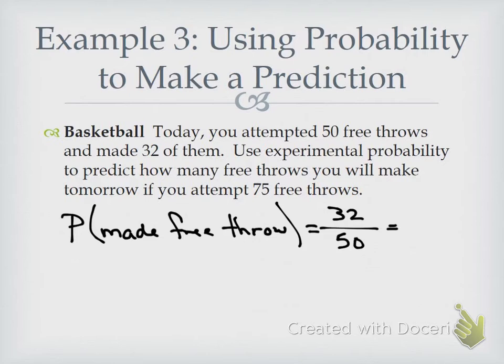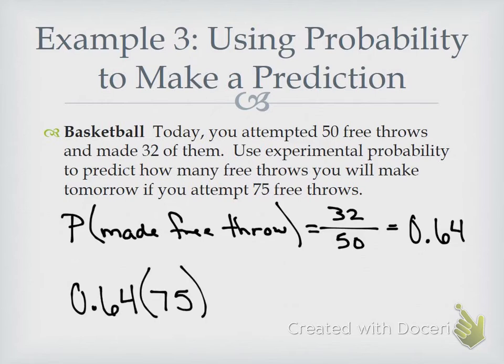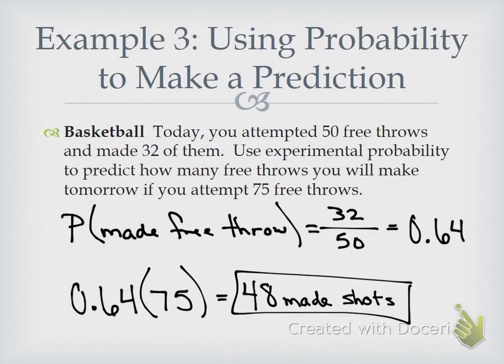What is it? 0.64. Now I can use that decimal value. That is not my answer. But I'm going to use that decimal value now to predict what happens tomorrow. 0.64 times my total for tomorrow tells me that if I make the same ratio, I'm going to make 48 shots tomorrow.